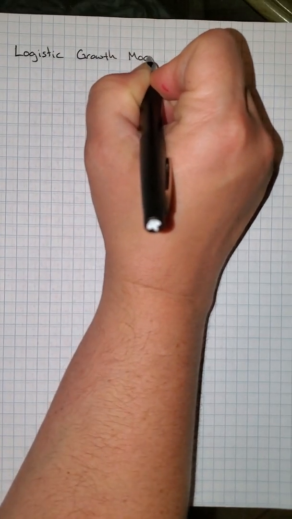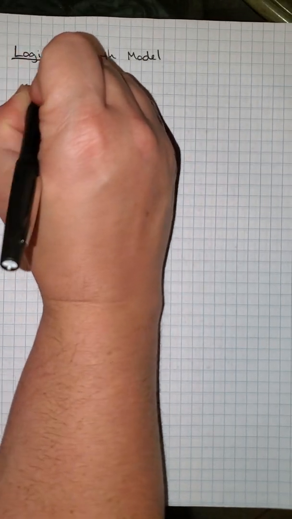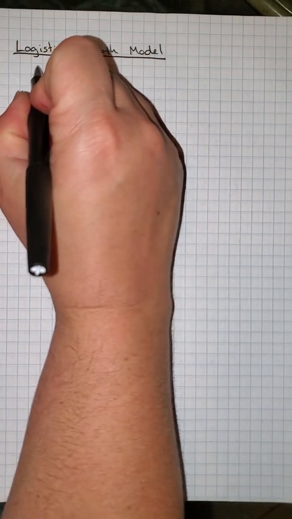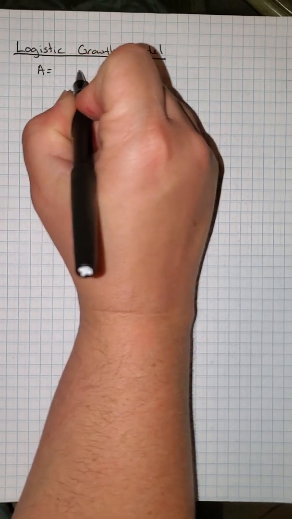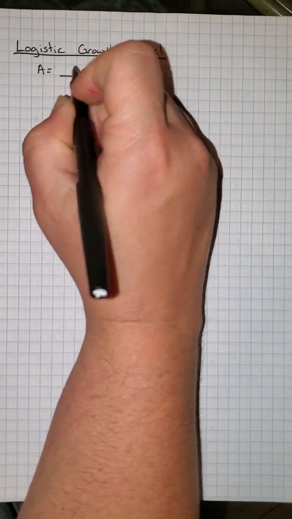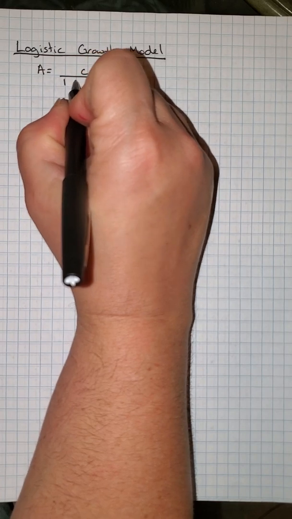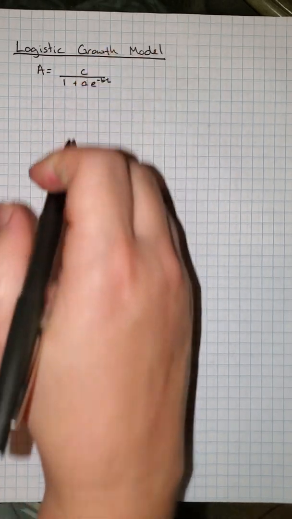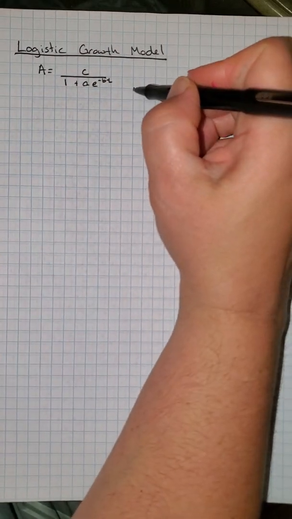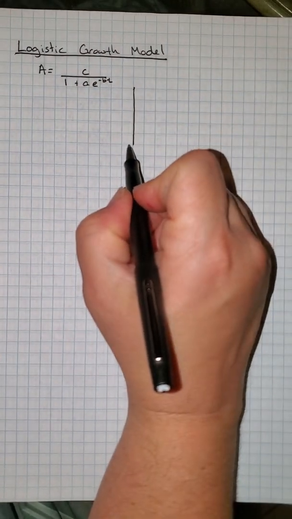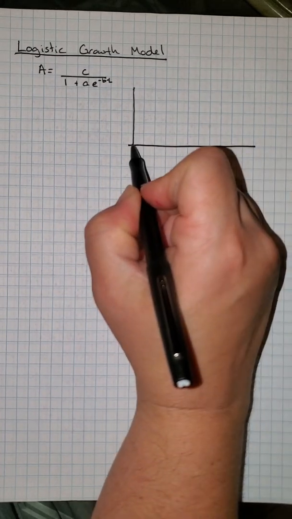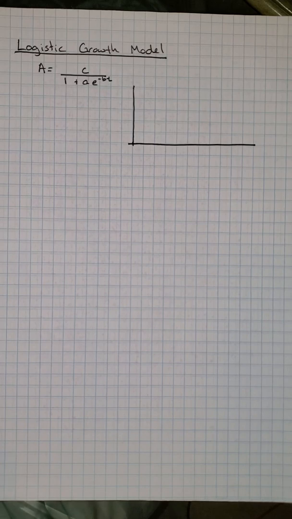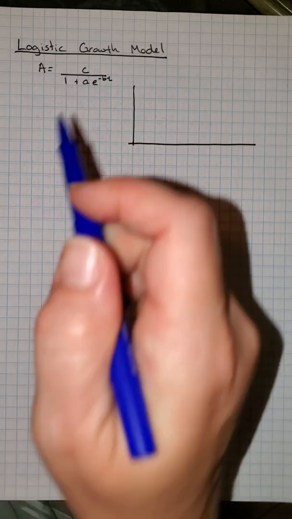And this is for when growth has a ceiling. Okay, so the generic formula is A equals C over 1 plus A e to the negative bt. And what this is, it's a model that represents growth that has a ceiling.